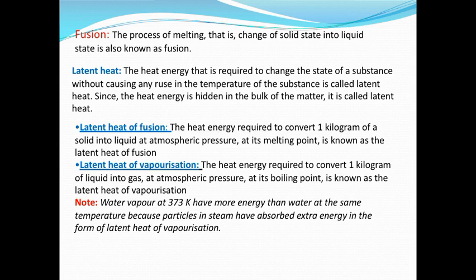Same way, ice at 0 degrees Celsius has more power to cool something as compared to water at the same temperature, because water has latent heat: the ice has absorbed that heat and converted itself into water.